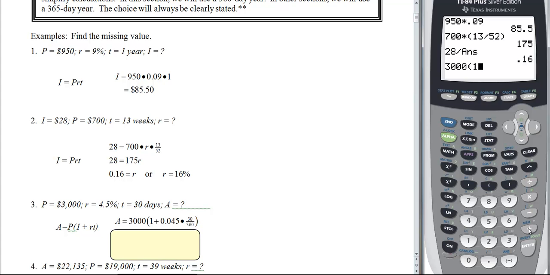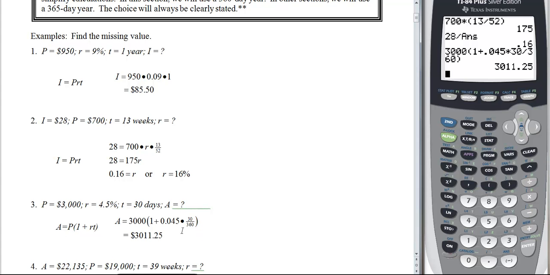Parentheses 1 plus 0.045 times 30 divided by 360. You really don't have to put the 30 divided by 360 in parentheses. So it looks like my future amount here would be $3,011.25. And there it is.